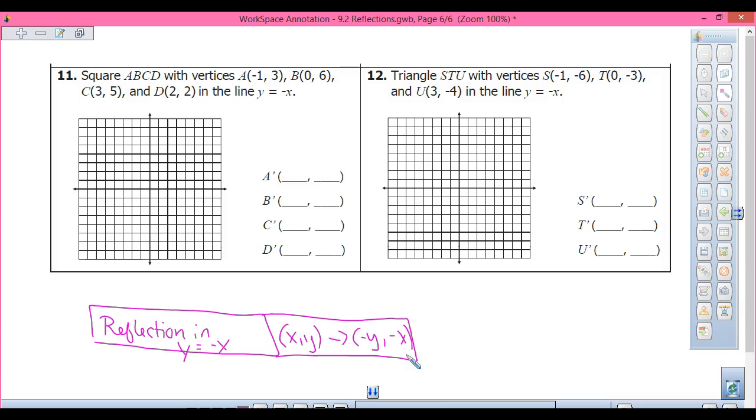Let's do the triangle one, because triangles are just many points. So -1, -6 is s. 0, -3, 1, 2, 3.